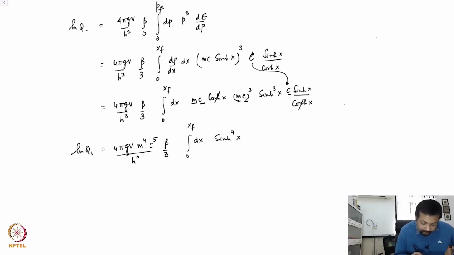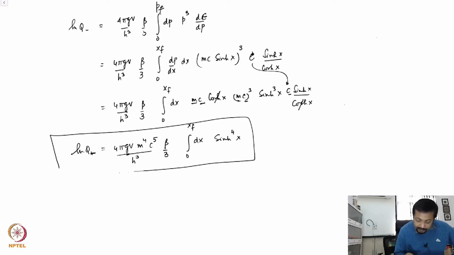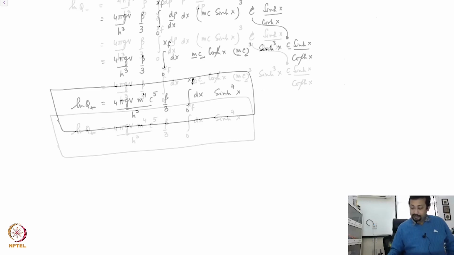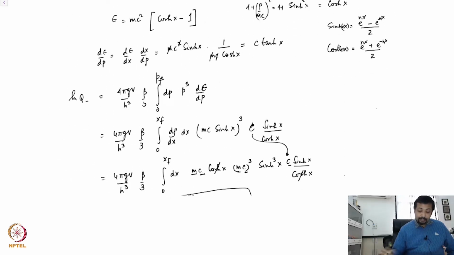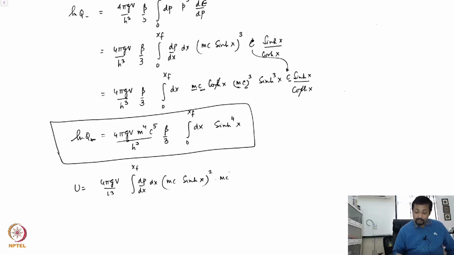This is going to be ln of q minus beta times the energy U, which is going to be 4 pi gv over h cube, integral 0 to xf. Now we are going to straightforwardly do it. P square is (mc sinh x) whole square, and then I have epsilon of p, which in terms of x is going to be mc square (cosh x minus 1).